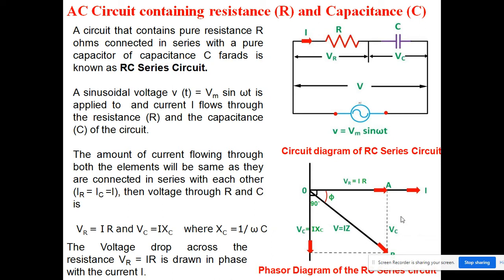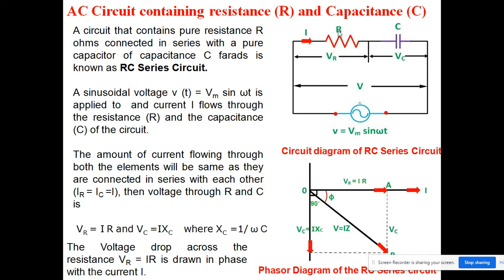The AC circuit that contains pure resistance connected in series with a capacitor of capacitance C is called an RC series circuit. We are applying a sinusoidal voltage V equal to Vm sin omega t, and due to this the current flows through the resistor and capacitor.